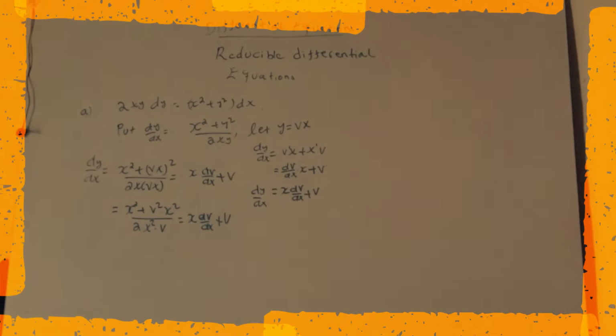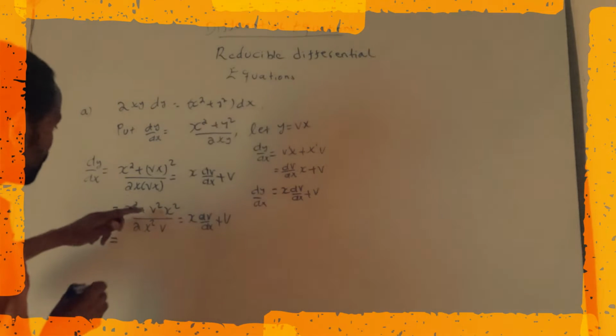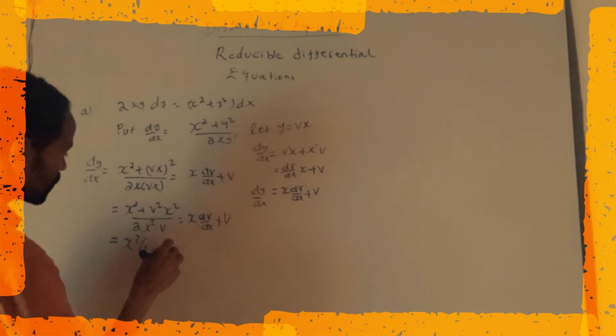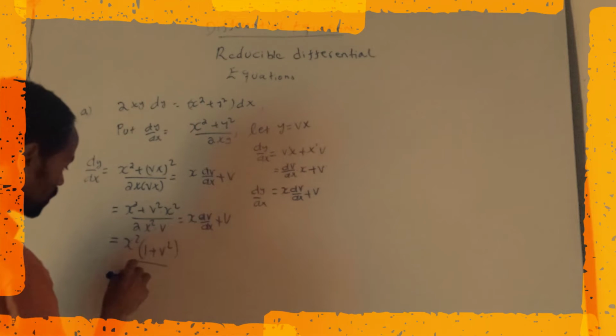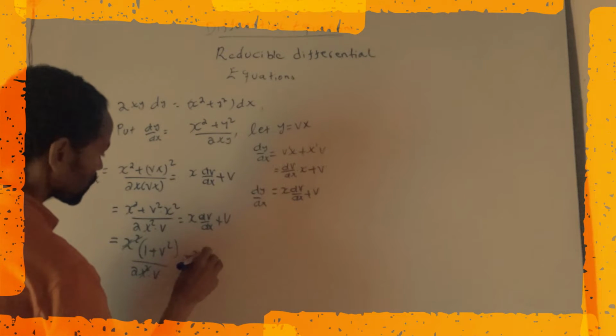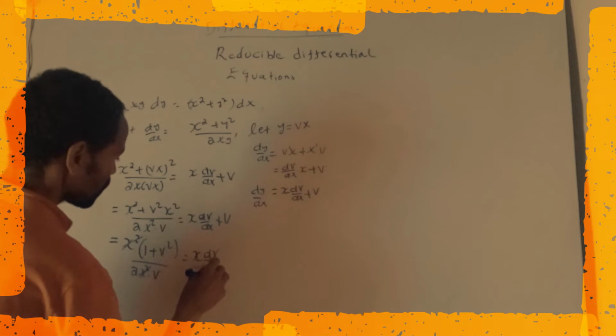Very good. They are the same, so combine them. What is the common factor here? The common factor is x squared times, here you have 1 plus v squared, over x squared times 2v. Then I can cancel x squared by x squared.